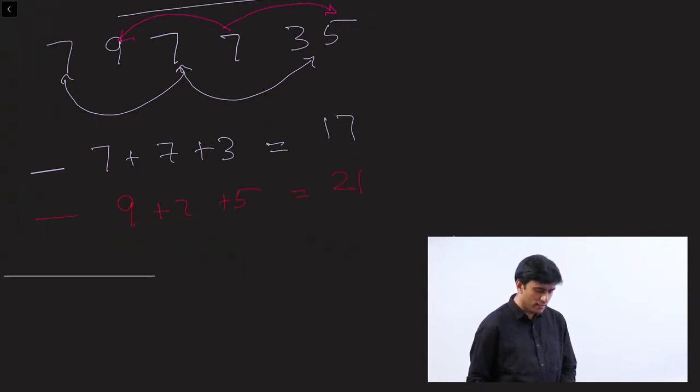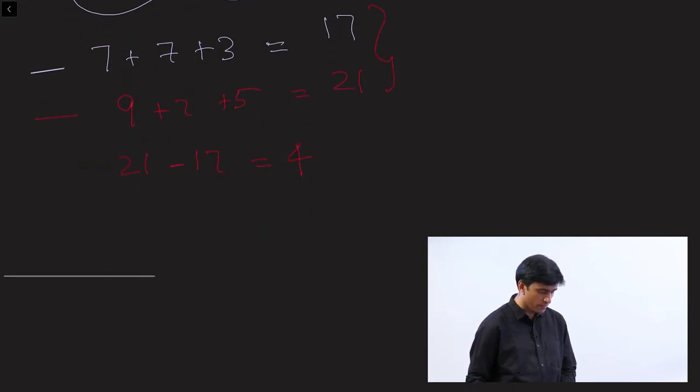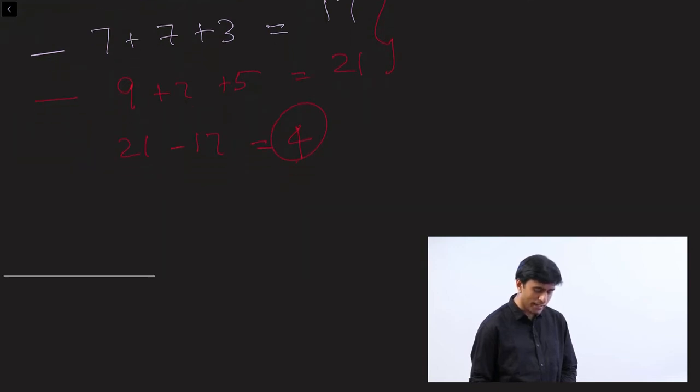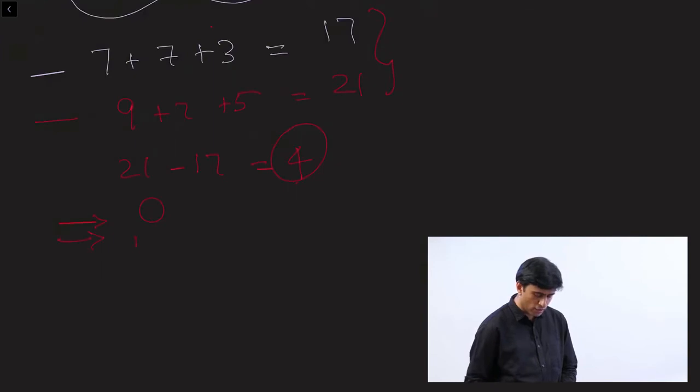Now let's take the difference of these two, that is 21 minus 17 is 4. If the difference is 0 or a multiple of 11, then the number is divisible by 11. So this difference has to be either 0 or a multiple of 11.